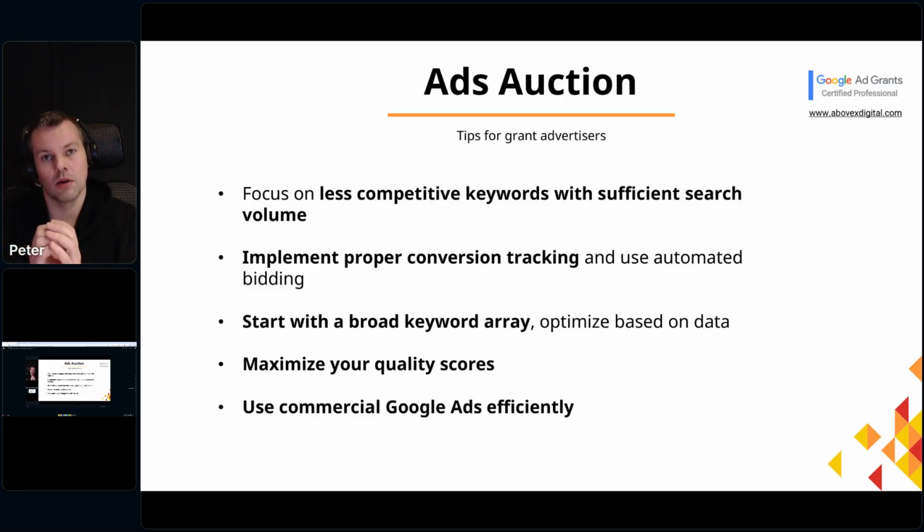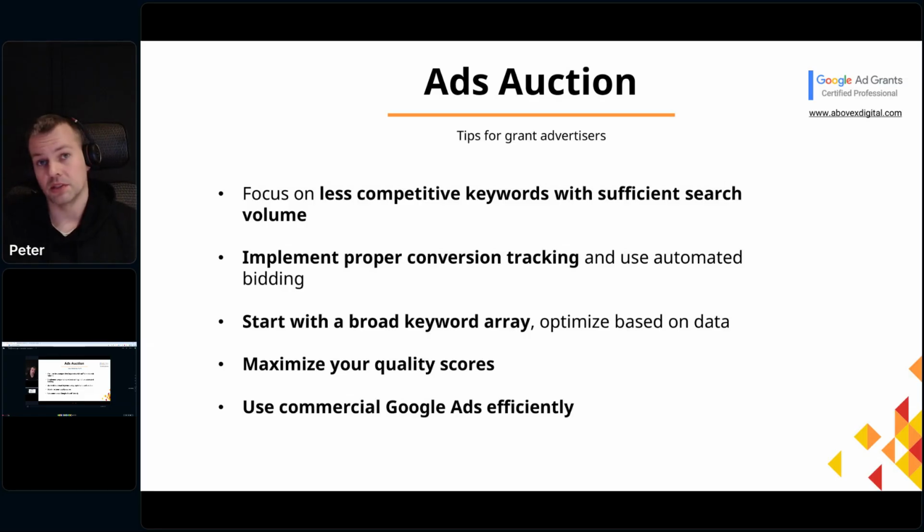Start with small bids, cautious budgets, have conversion tracking in place, see what works, and then scale it from there. Try different variations, loosen up the bids a little bit, maybe try different bidding algorithms, right? So start small and grow it. That's what you should do in commercial accounts. In grant accounts, you should start broad, use it, generate data, and then narrow it down, focus on where you can see potential.